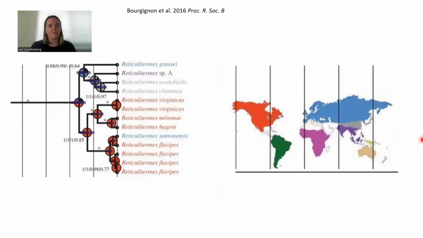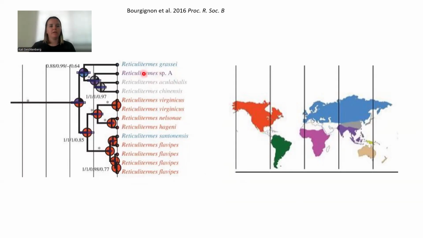So here's another example right here. On the left-hand side, we have a phylogeny of Reticulitermes, which is a genus of termites, and it is color-coded based on the map on the right-hand side, showing where those termites are from.